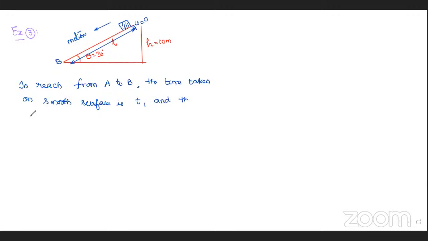And that on rough surface of mu is equal to, say, some 0.2, mu, I take it as better 1 by root 3.